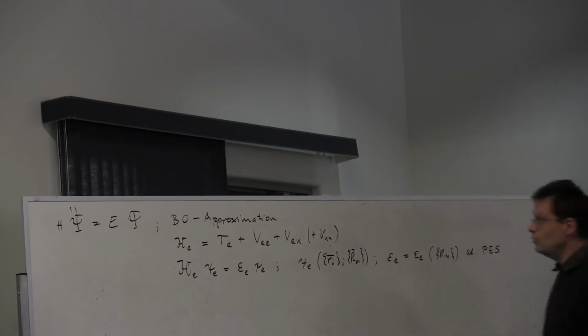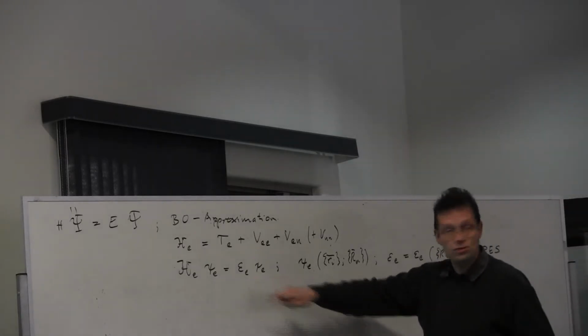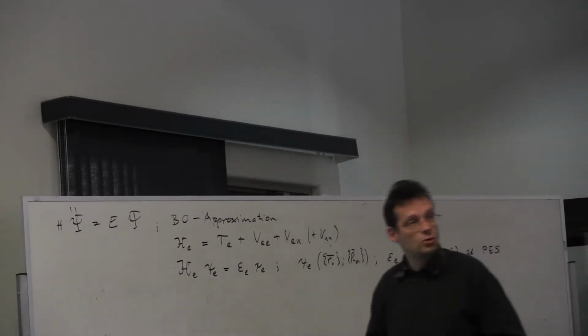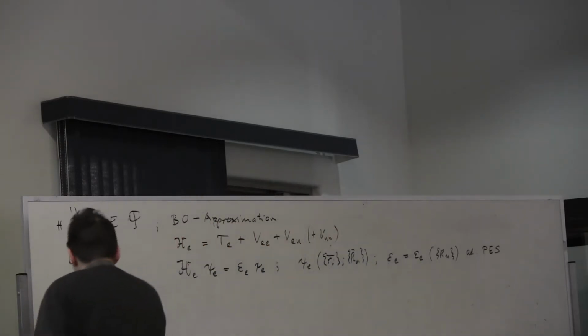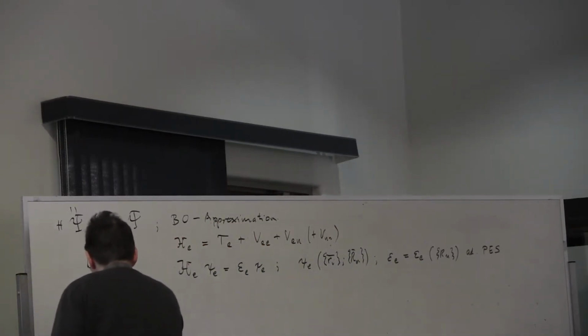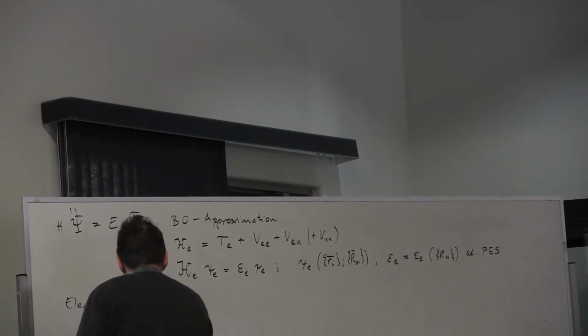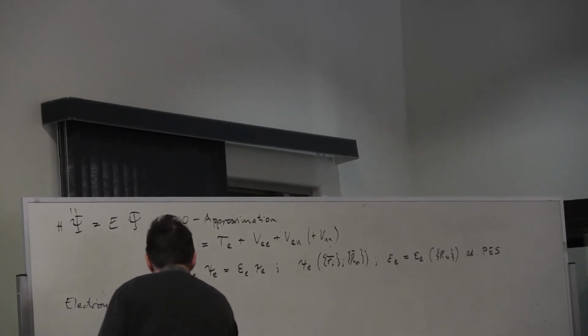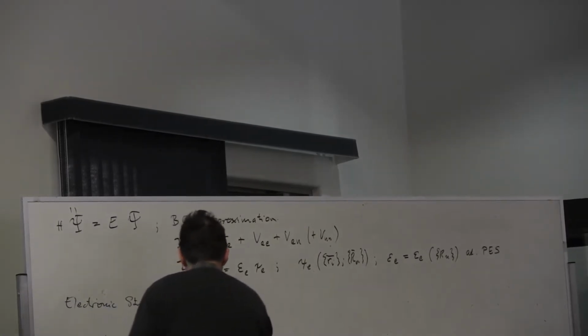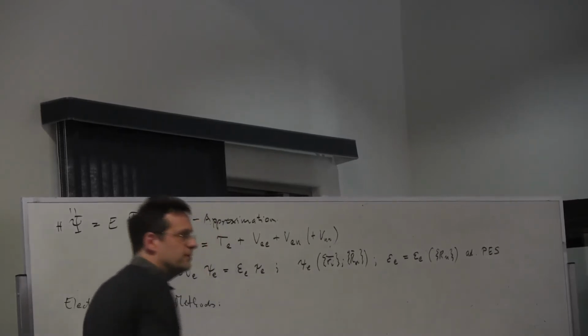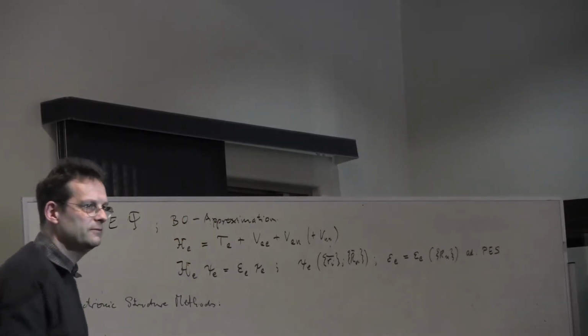And how do you do that? You solve this equation. Usually what you start with, most of the electronic structure methods, they start out with doing something you call in physics a mean field.